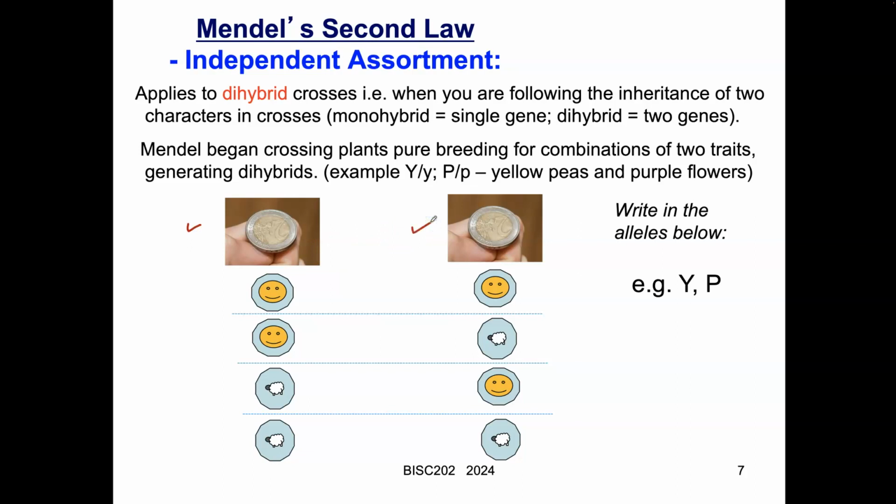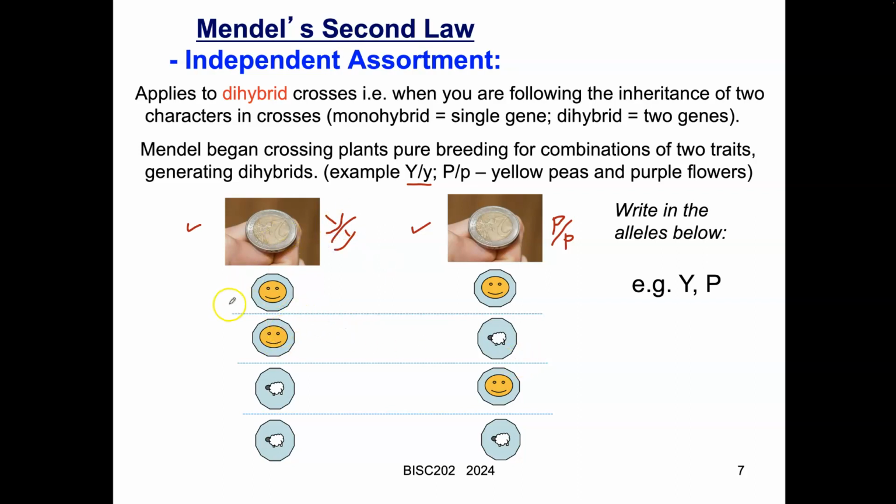Okay, and so for example, suppose one of the coins, we could make an analogy to being heterozygous for the yellow peas versus the green peas, and for the other one we could say, okay, let's just imagine this is the purple flowers versus the white flowers.